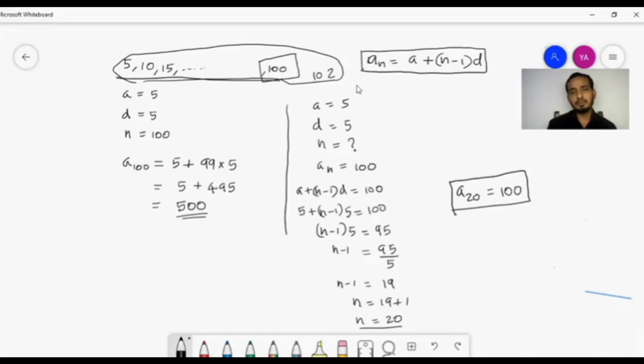So definitely when you move terms, you will end with n is equal to 20 point something. You won't end with a natural number value for n. So in the next step you can conclude that here the position number n is not a natural number. Therefore, we conclude that 102 is not a term in this arithmetic progression.